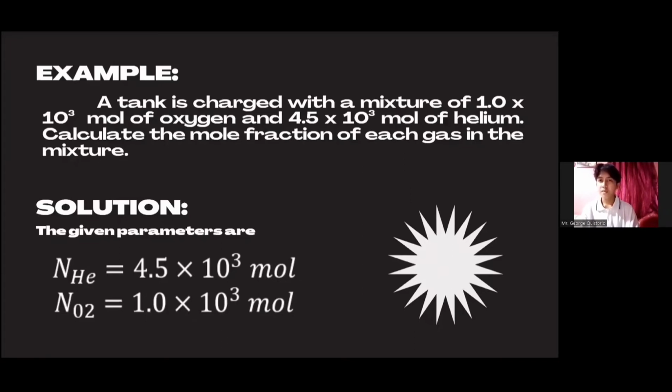In the given problem, the solute is helium while the solvent is oxygen. The given parameters are n of helium is equal to 4.5 times 10 cubed mole, and n of oxygen is equal to 1 times 10 cubed mole.